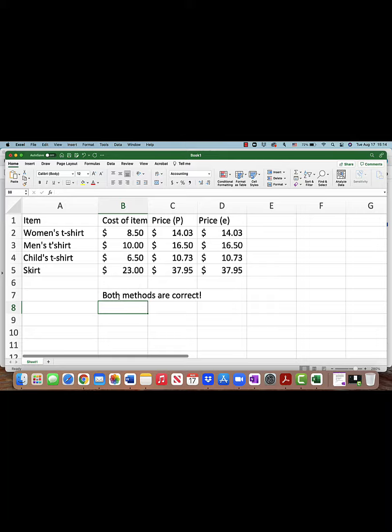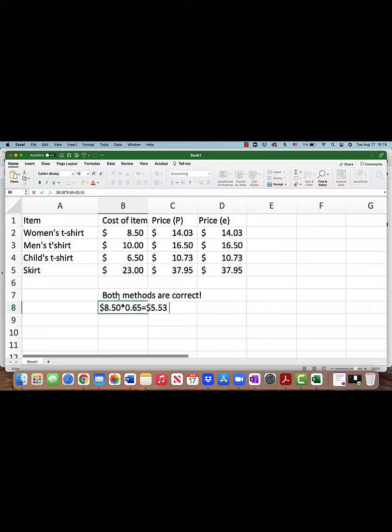Well, you probably thought that Paula's method is more logical, correct? We had a price, whatever it was. Well, not the price, it was the cost to them. I'll just use an example of the woman's t-shirt. So you take $8.50, right? You multiply this by 0.65 to get the markup, correct? And that gives us, let's put that in a calculator, $5.53.